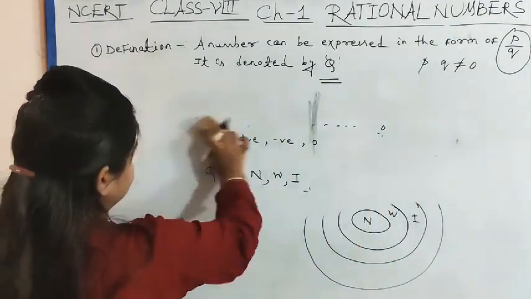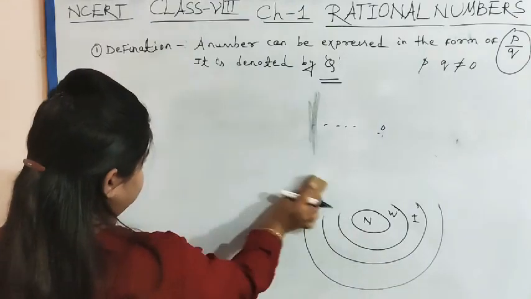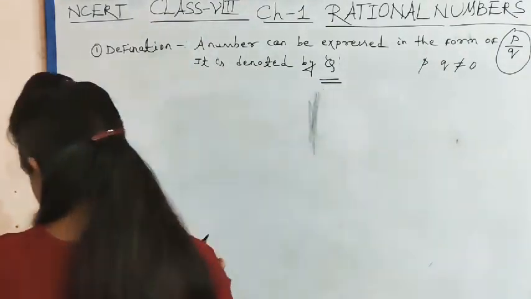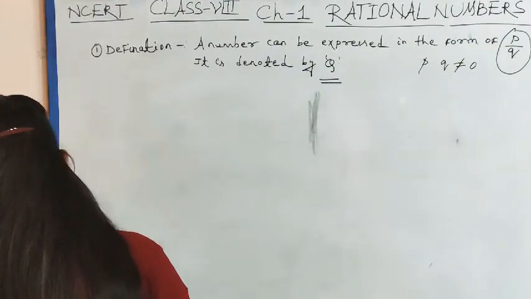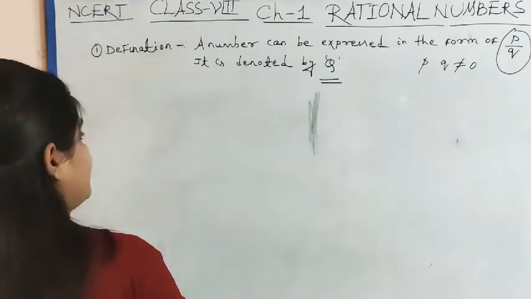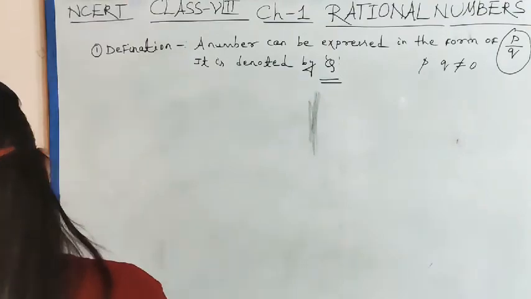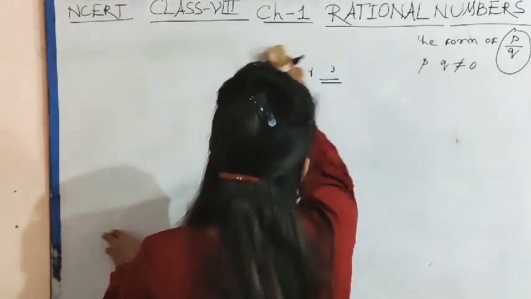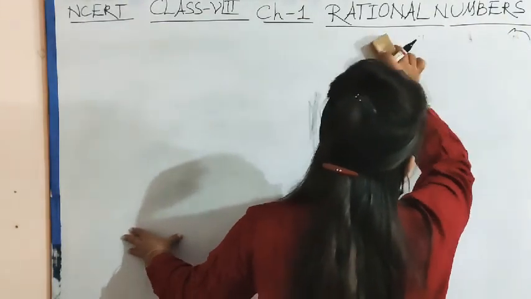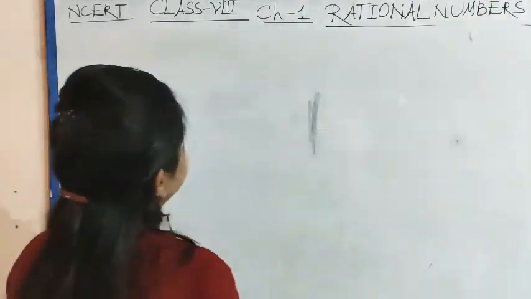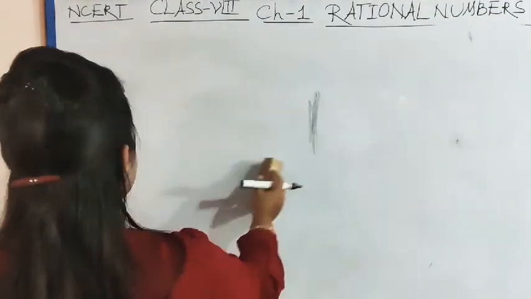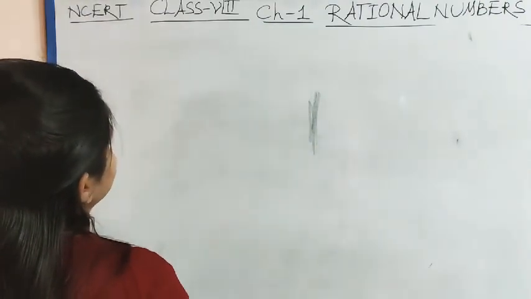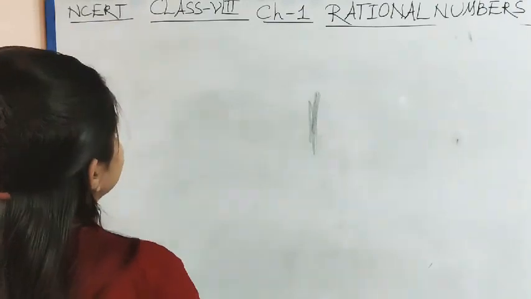Now our next topic is properties. We know the four basic mathematical operations. What are the four basic operations of mathematics? The addition, subtraction, multiplication and division.